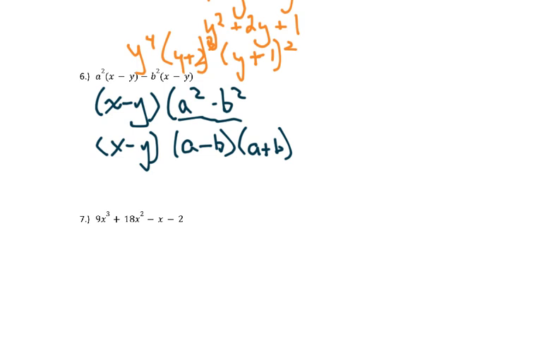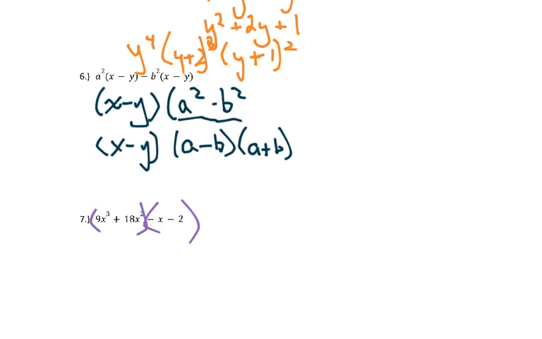And finally, let's look at number 7 here. This one, hopefully you recognize, is different in that it has 4 terms, not 3 terms, and it's not a quadratic to start, right? It's actually a cubic. So we're going to have to use one of our other methods to try factoring this. And grouping will work perfectly, right? So I'm going to group this into 2 parts, and now let's try factoring, and hopefully we'll get that common factor.